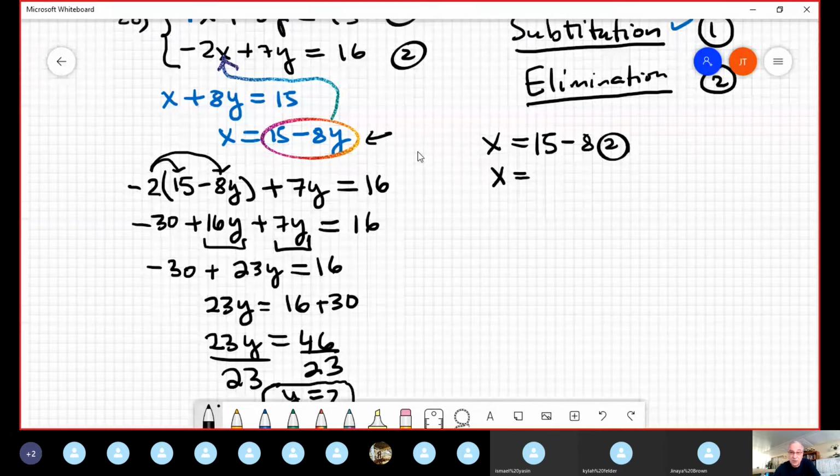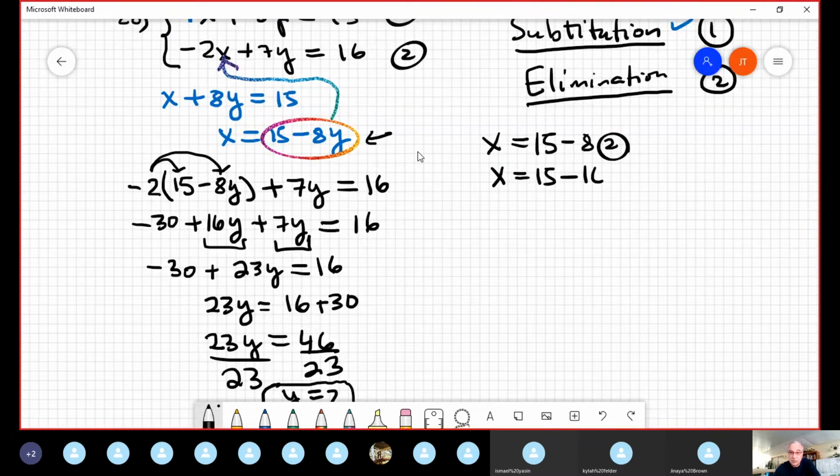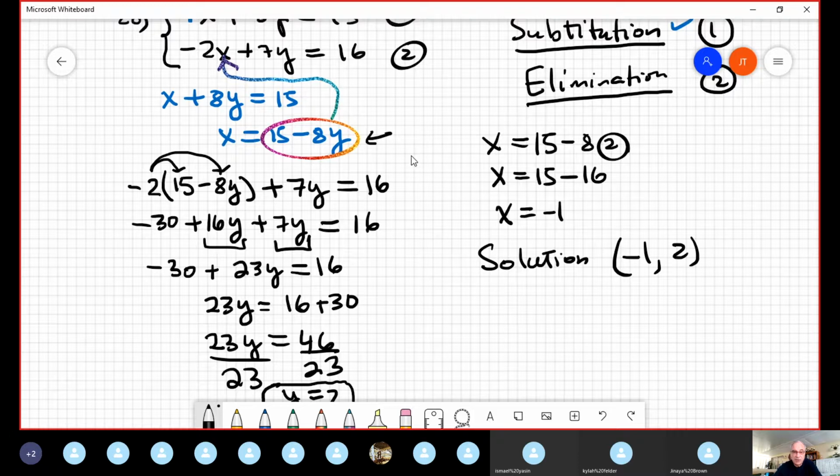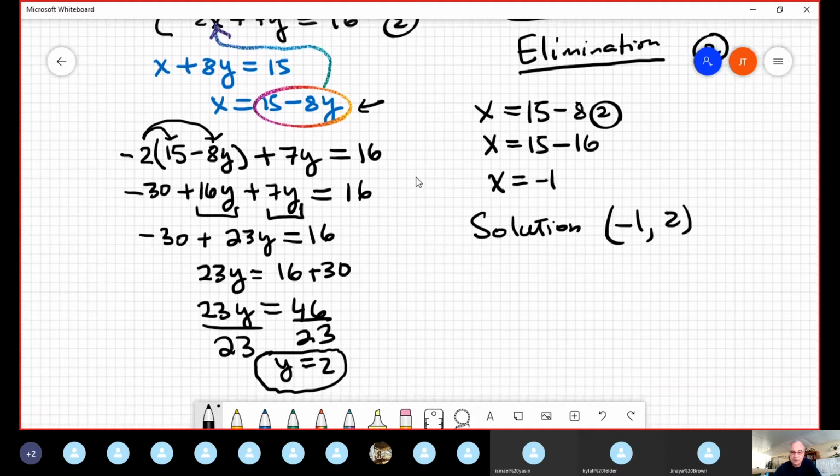So x is equal to 15 minus 16, multiplication 2 times 8 is 16, now is negative 1. And the solution, we have only one solution, a unique solution, is the ordered pair negative 1, comma 2. Okay, you write in that order: x first, this is the x value, and this is the y value. Any question?